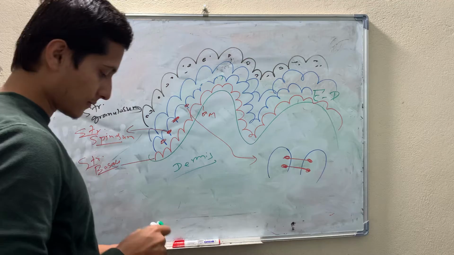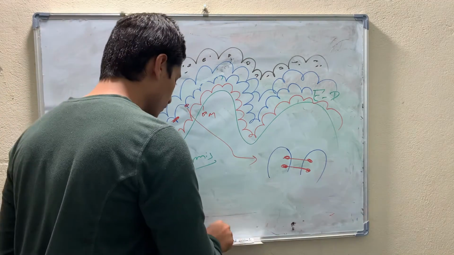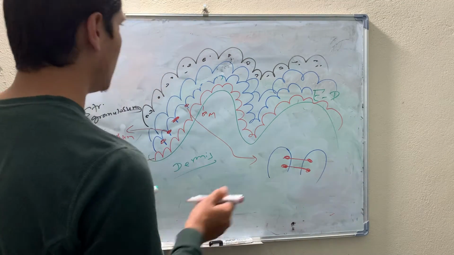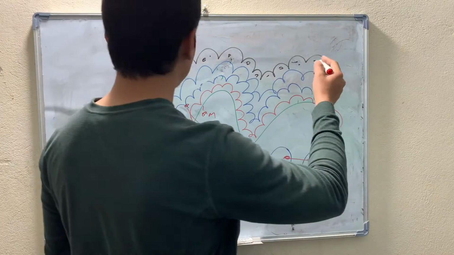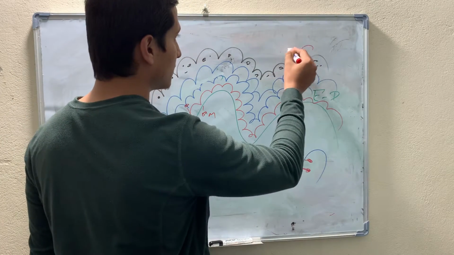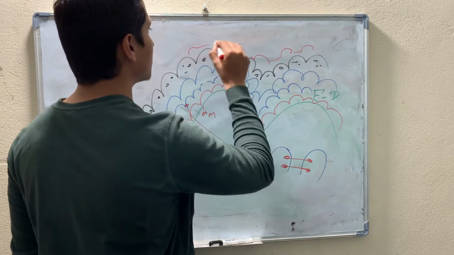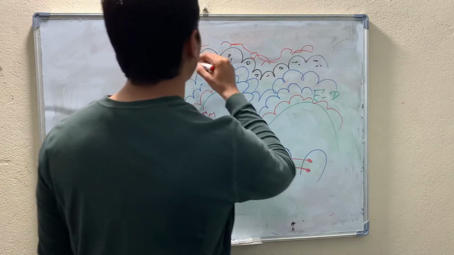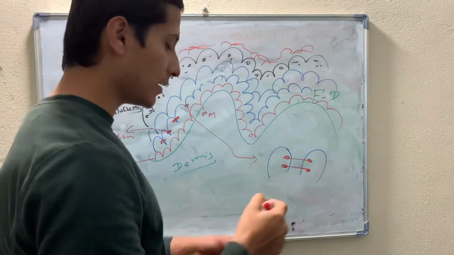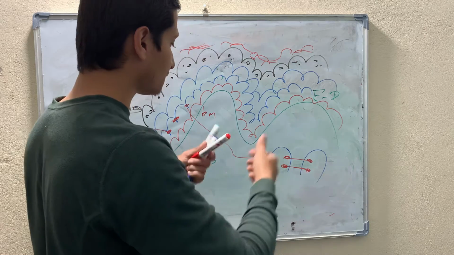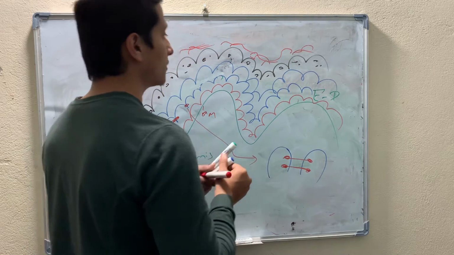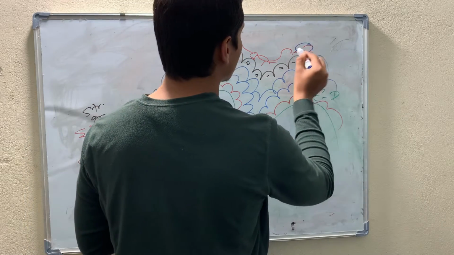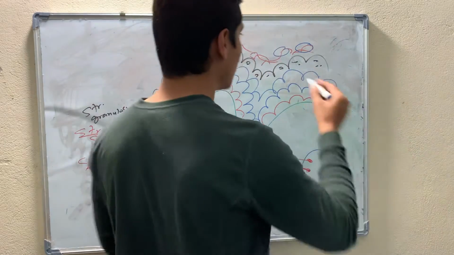Now, another important thing I'd like to talk about is above this stratum granulosum. There are keratin fibers, and with these keratin fibers, in the keratin layer, there are some cells that don't have a nucleus.